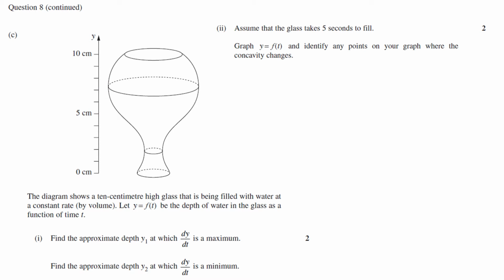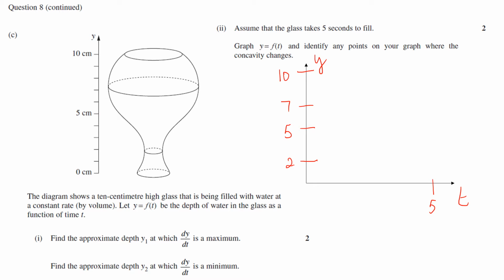Now we're asked to graph this. So what they're looking for, let's label these axes. We have time t, and we have a maximum depth of 10. Now we also know, let's put a scale on this axis, that the rate of change is increasing up until y is equal to 2 centimetres, and then it's slowing down up until y equals 7.